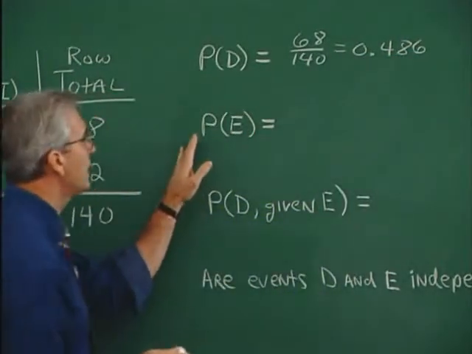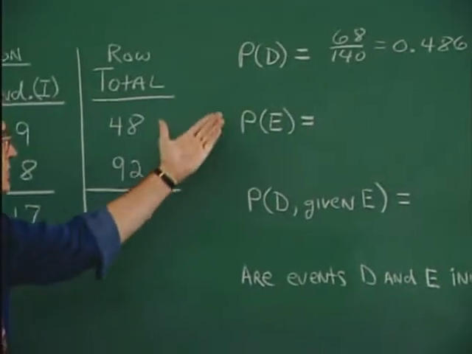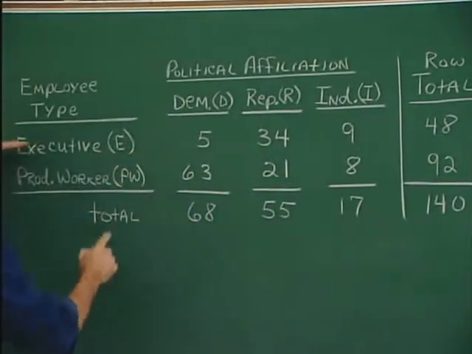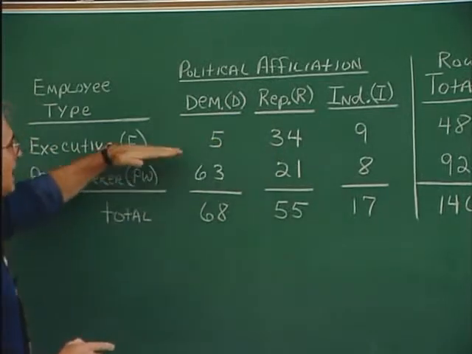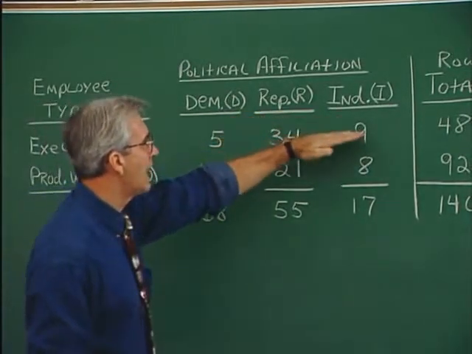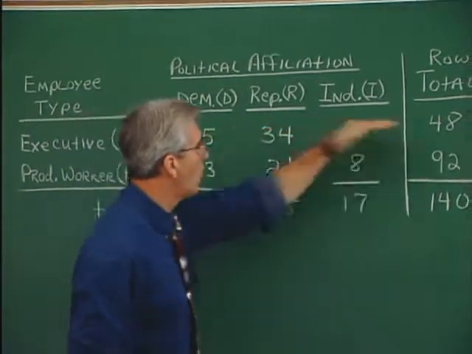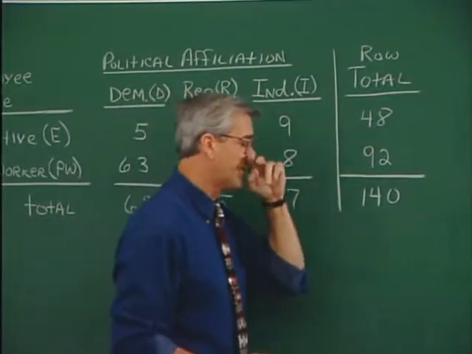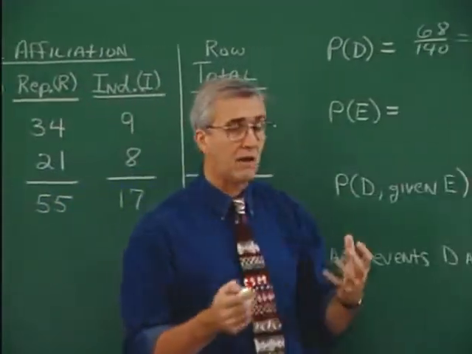All right, the probability of executive. The executives are along this row. We have 5 Democrats, 34 Republicans, 9 Independents, for a total number of executives of 48. These two problems are just designed to get us familiar with the layout of the chart.